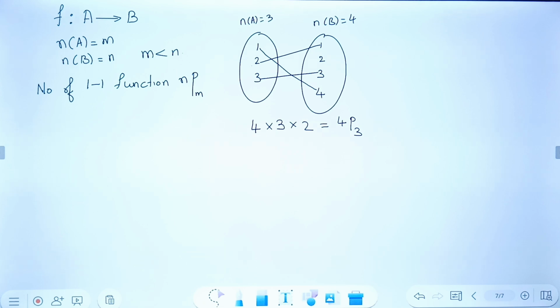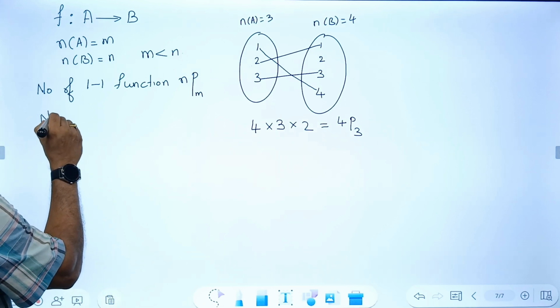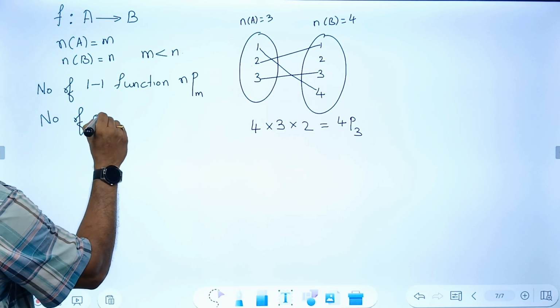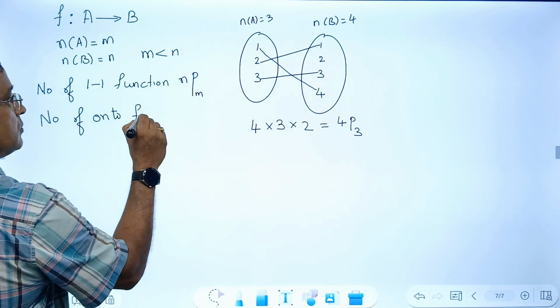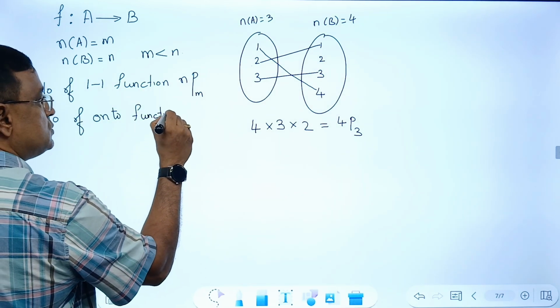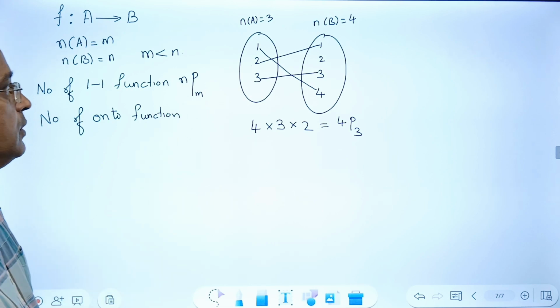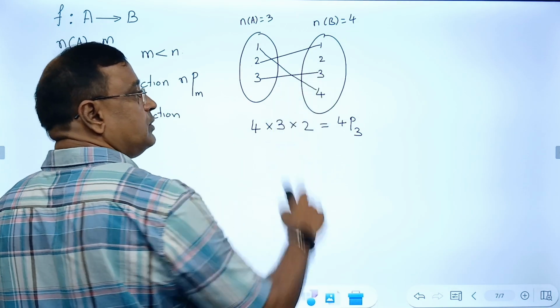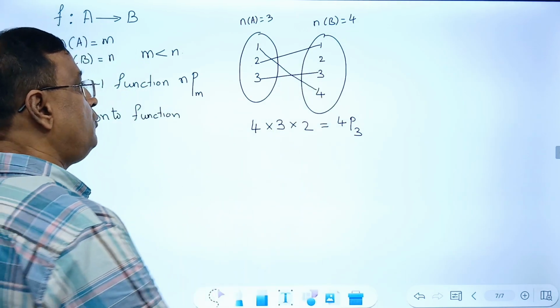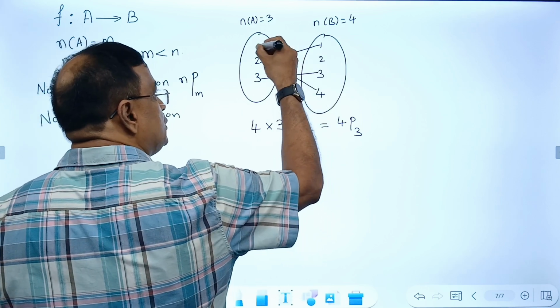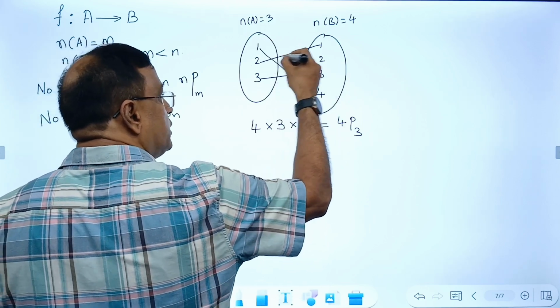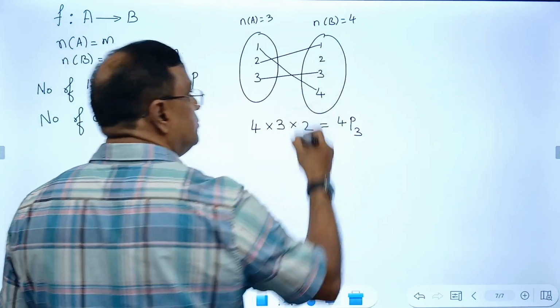Correct? So what will be the number of onto functions? Onto function means no element should be left out. Here 2 is left out. It can't be onto. If you want to map 2, I should connect 1 to 2 or 3 to 2.